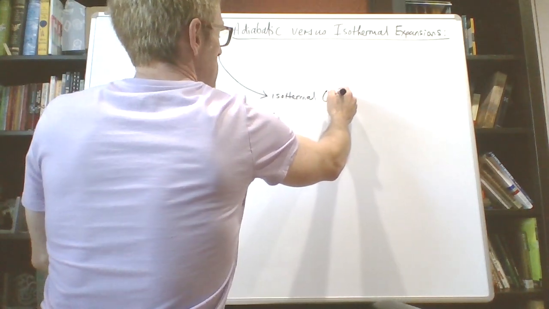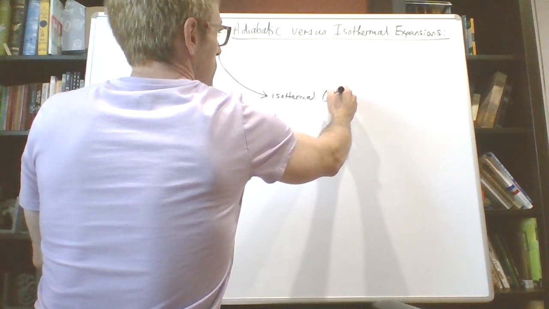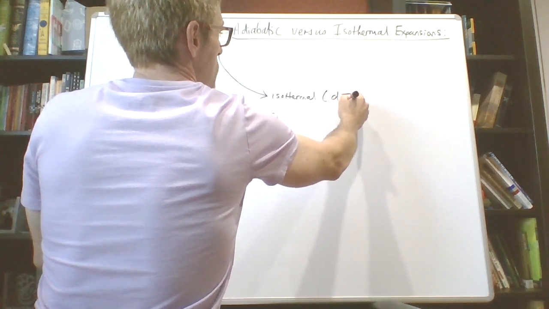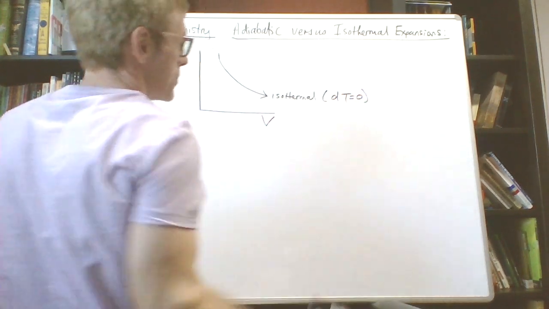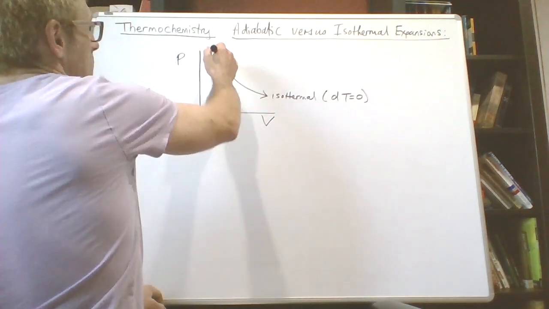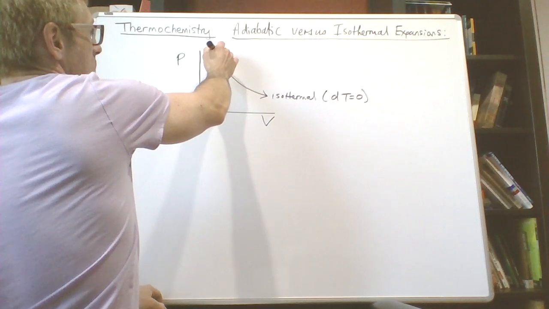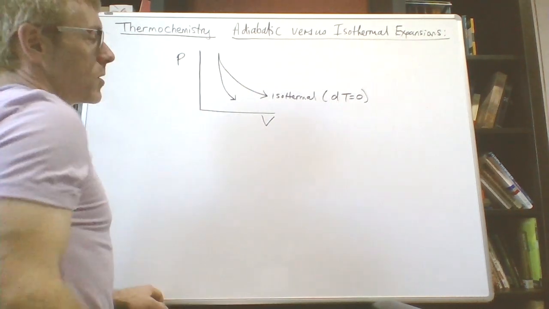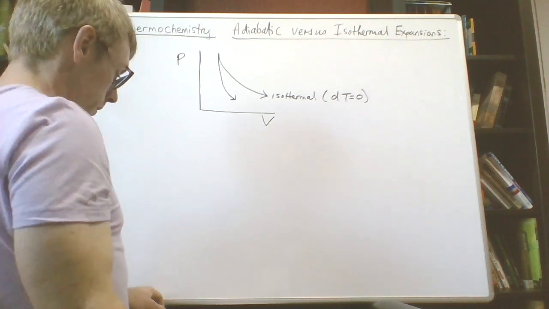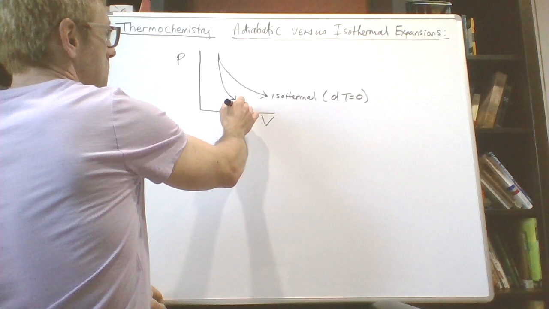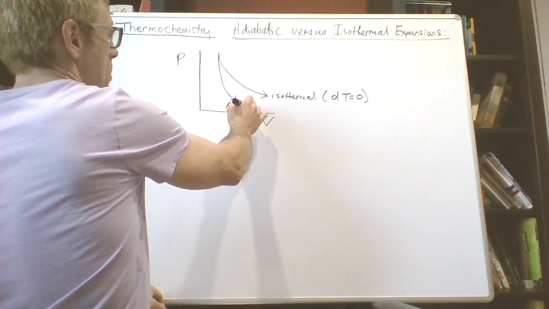Isothermal just means that the change in temperature is zero. The same expansion under adiabatic conditions would be a steeper slope. This would be adiabatic.